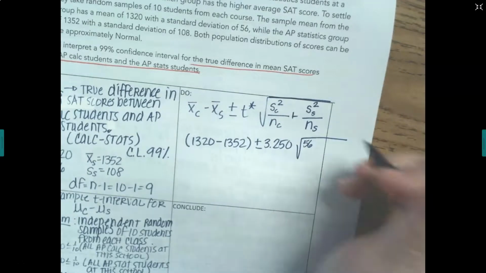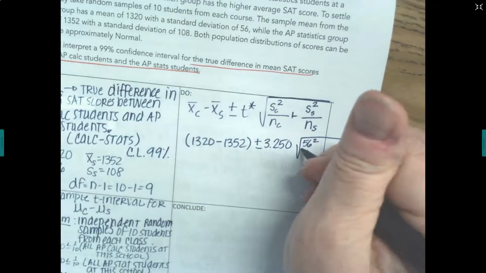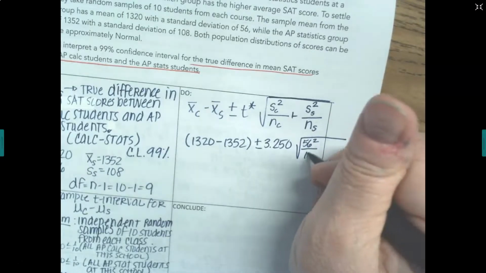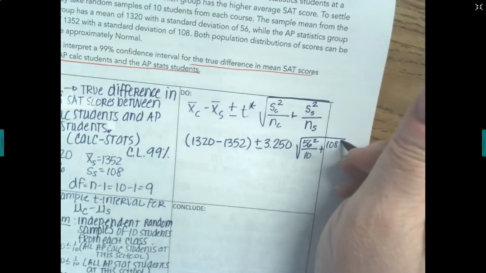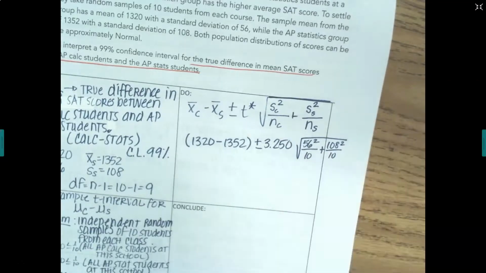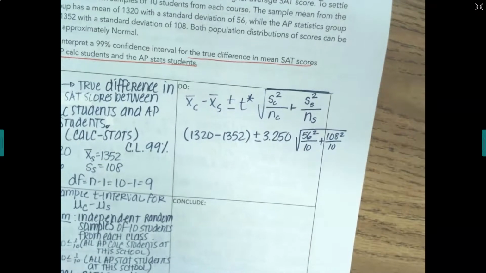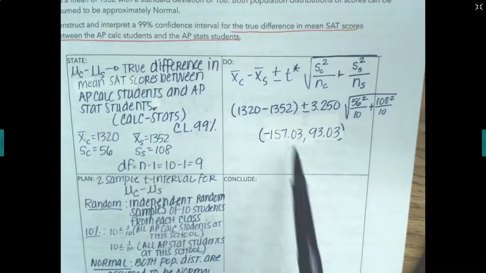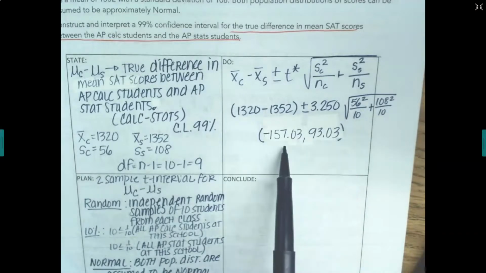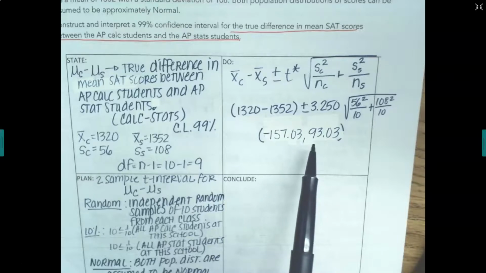Standard deviation for calc was 56, so square it, divided by their sample size of 10, plus the standard deviation for statistics was 108, square it, and they also had 10 for their sample size. So calculating it out by hand by putting this into the calculator, I got negative 157.03 to 93.03.